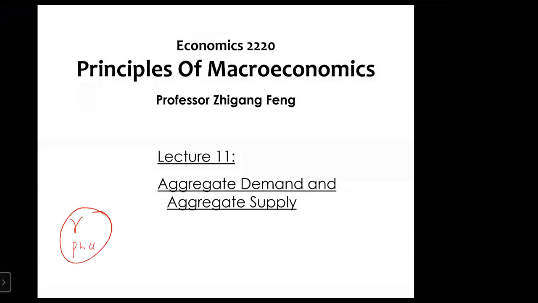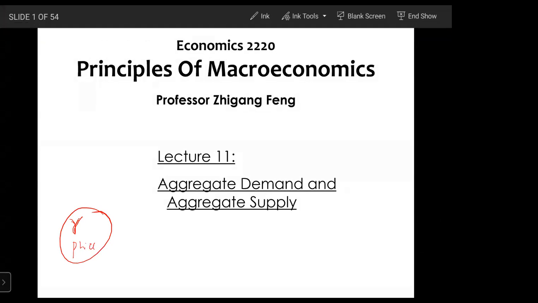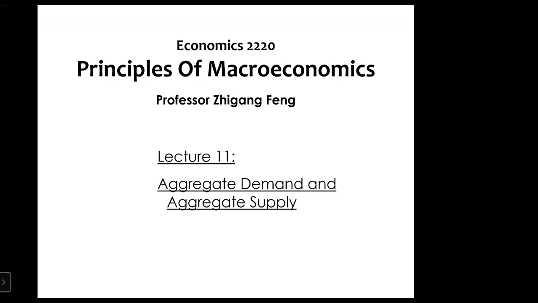We just looked at, given the price, how the economy is going to behave at an aggregate level. By the way, the other assumption in the previous lecture is that we only focused on the demand side. Supply will passively meet demand. That's what we did in the previous lecture.